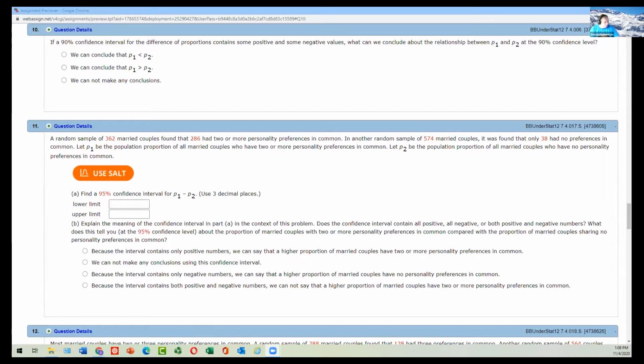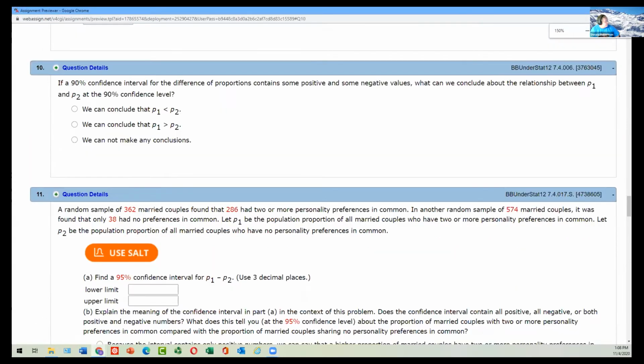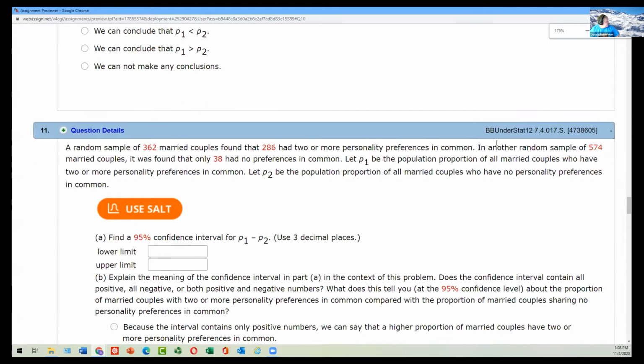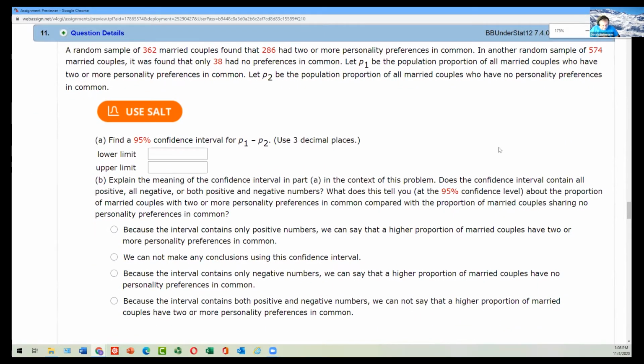So you just look at the question and then you try and pick out the pieces that matter. So I'll make this a little bit bigger. I think we're going to do this one here, which is about married couples. And then the next one's going to be a medical one, because I know a lot of you are going to be in the nursing program.